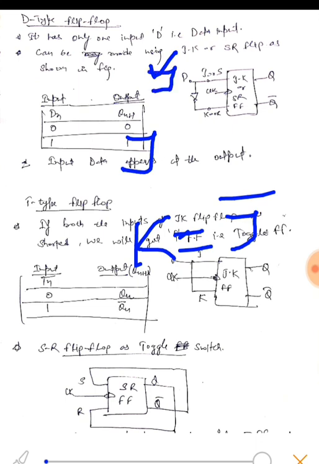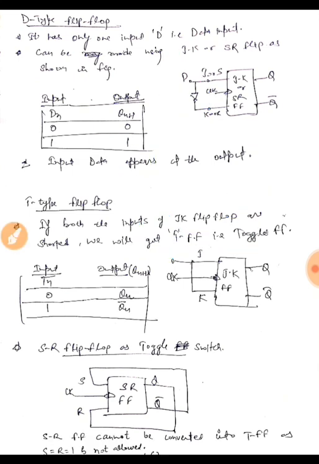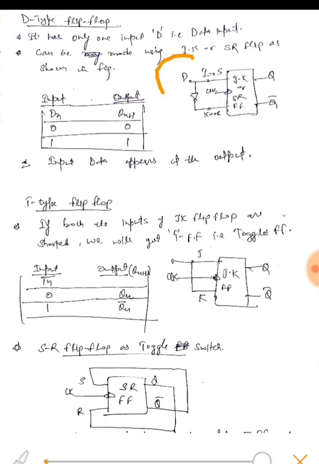If it was J, then we have put an inverter over there, and the other input would be J bar. So we are providing only one input, one end of the JK flip-flop, that is D, and for the other input it would be D bar.